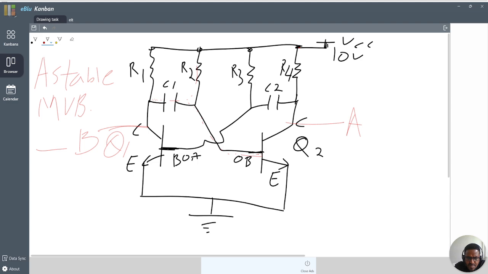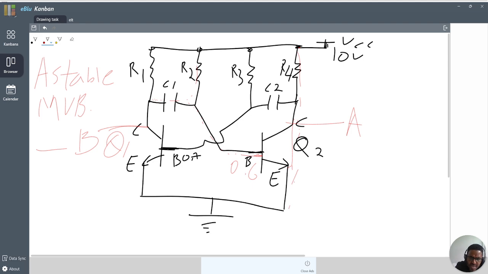This base of Q2, or transistor 2, reaches 0.6. That means this Q2 becomes saturated. That saturation means both are closed. Then the current moves to this one.